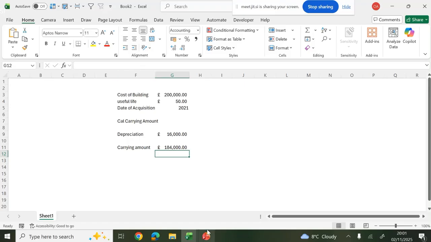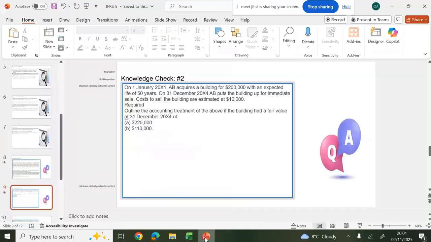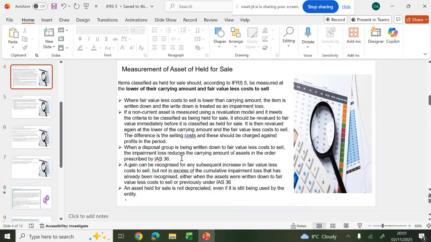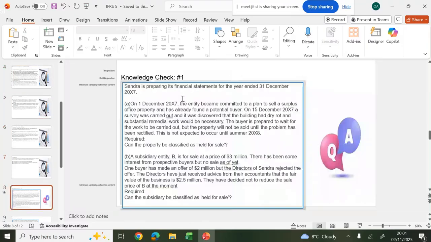And we said earlier, on measurement of assets held for sale, any asset that is held for sale should be at what? Lower of carrying amount or fair value.